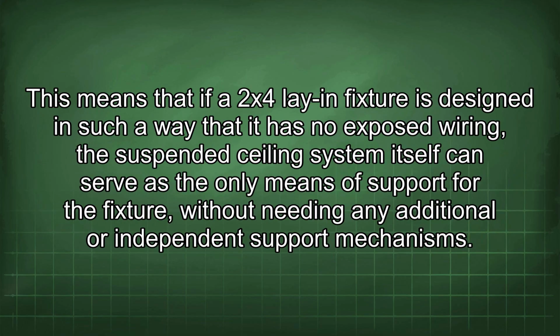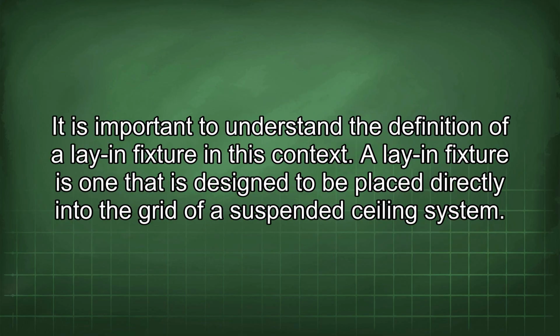This means that if a tukes for lay-in fixture is designed in such a way that it has no exposed wiring, the suspended ceiling system itself can serve as the only means of support for the fixture, without needing any additional or independent support mechanisms. It is important to understand the definition of a lay-in fixture in this context. A lay-in fixture is one that is designed to be placed directly into the grid of a suspended ceiling system.